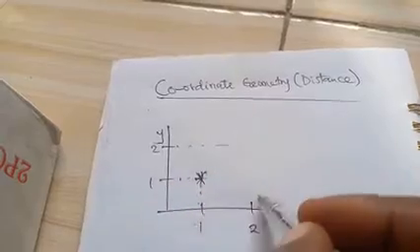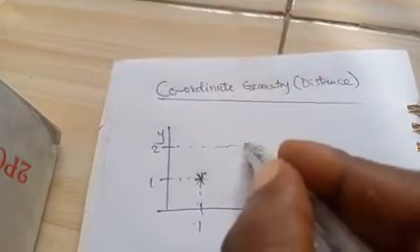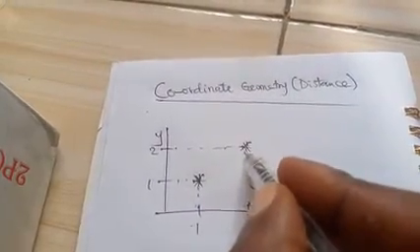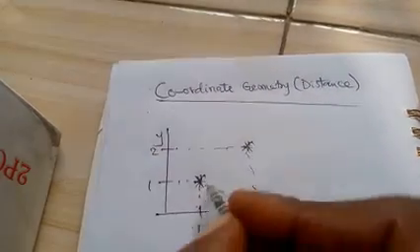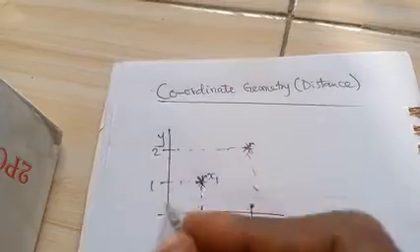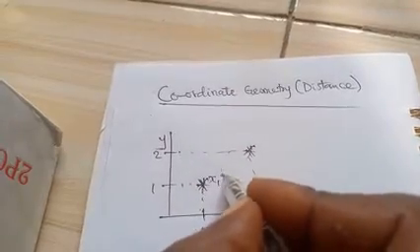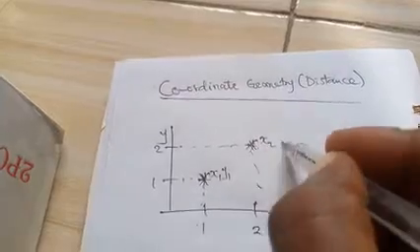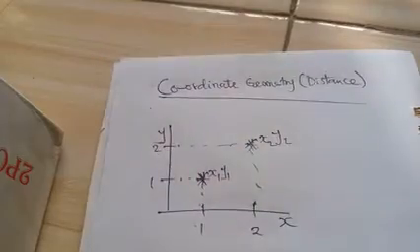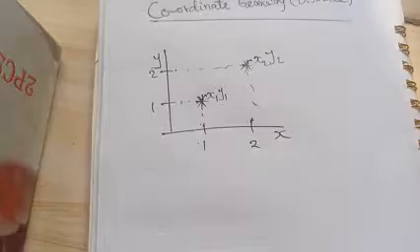If we also plot this, this is the point where they meet. It means at this point we plotted x1 and y1. At this point we plotted x2 and y2.